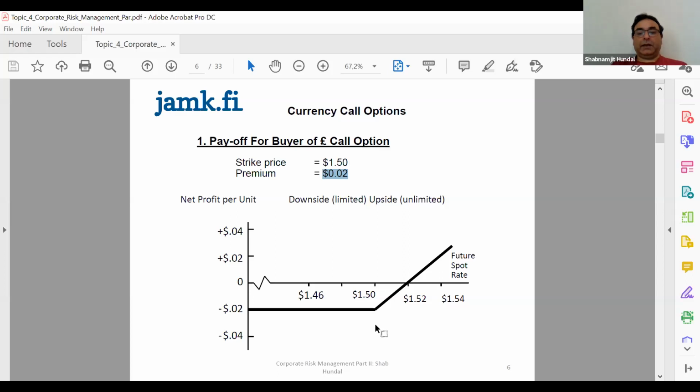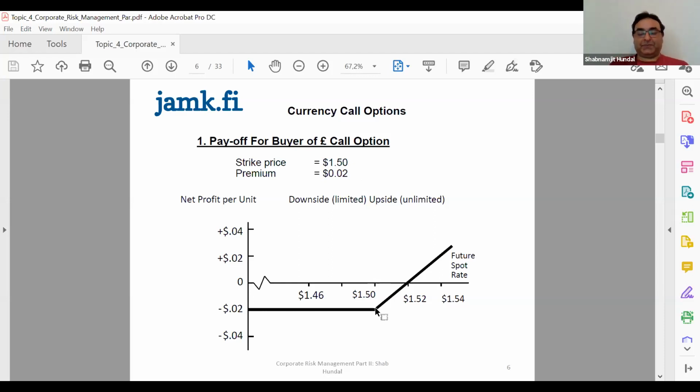Okay, and when the market price is 1.50, now it's an interesting situation. When the market price is 1.50 and the strike price is also 1.50, you can see that this line is flat, but here is an edge.